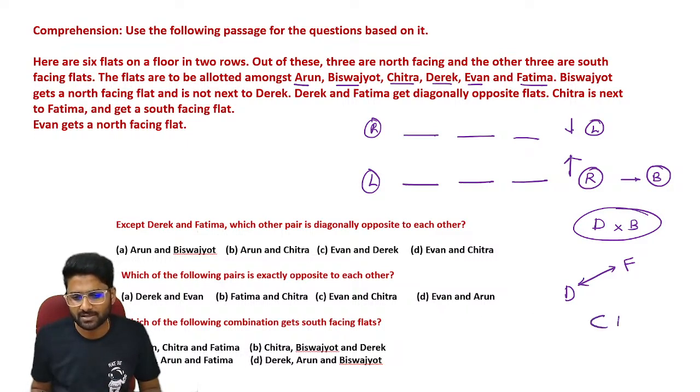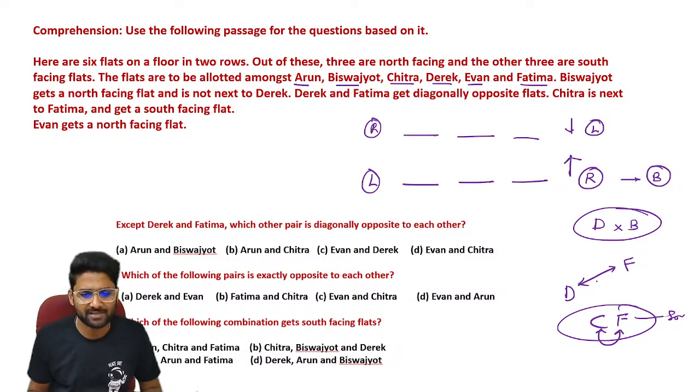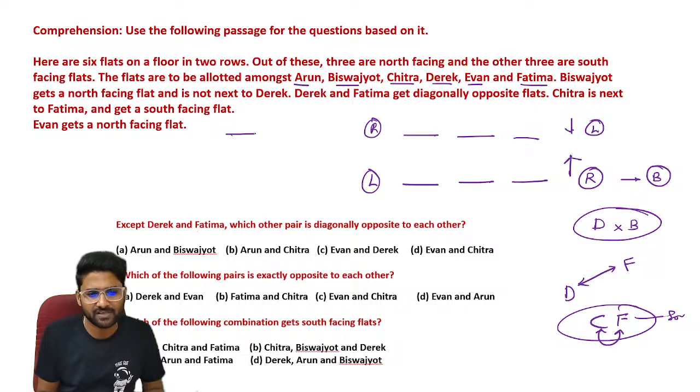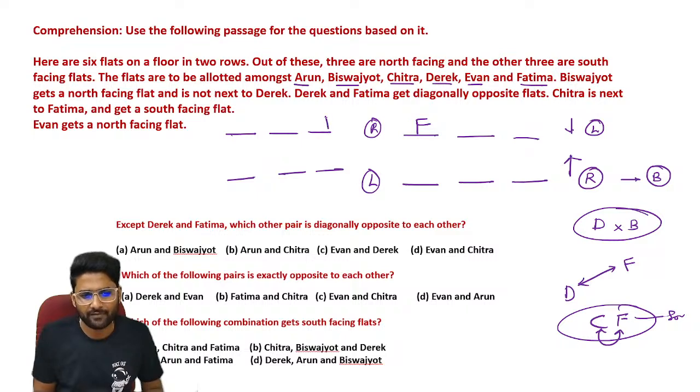We want to place both persons side by side, and they get south facing flats. They clearly mention that both get south facing flats. Let us take it this way. And you know that F is diagonally opposite to D and F is facing south, so you can consider either F here or F here.